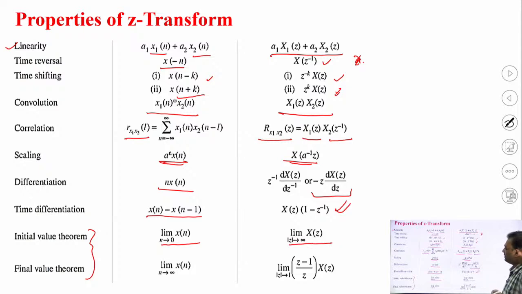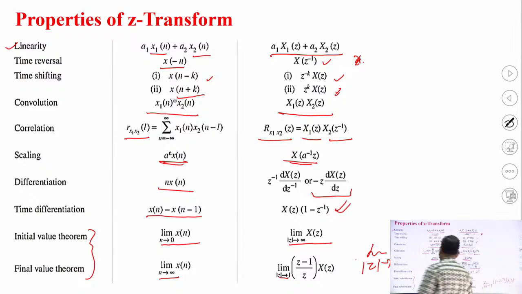And in case of the final value theorem, limit n tends to infinity x(n) will be limit z tends to 1 of (z minus 1)/z times X(z), or you can also write limit |z| tends to 1 of (1 minus z to the power minus 1) X(z). So by this you can calculate the initial and final value of a given signal in time domain as well as the frequency domain.